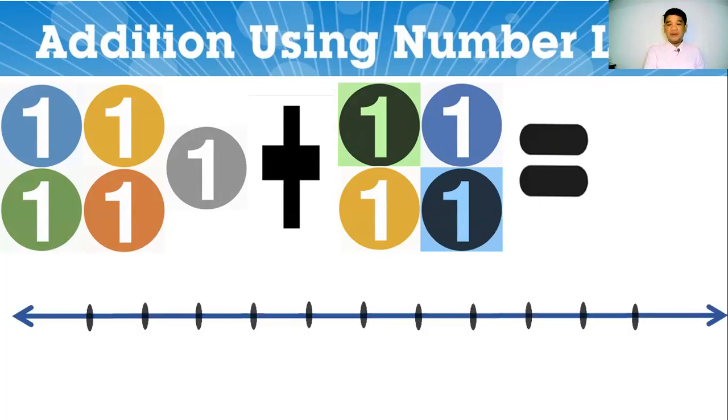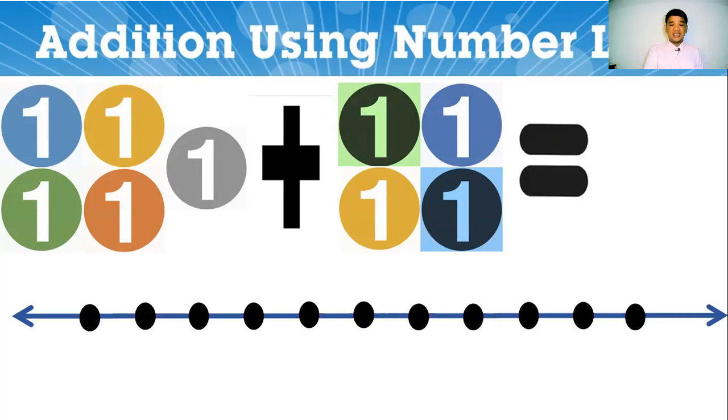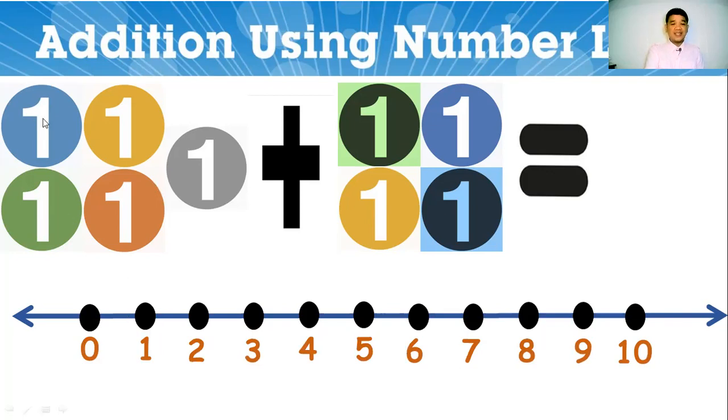And the given number, such as like this, start from 0, 1, 2, 3, 4, 5, 6, 7, 8, 9, and 10. Now, let us check the first given object. So let us count the number of ones. So there are 5 ones. So using the number lines, we can use this, okay? From 0, 1, 2, 3, 4, and 5.